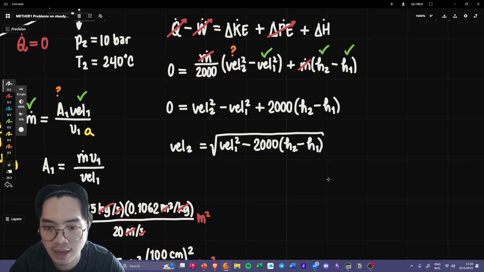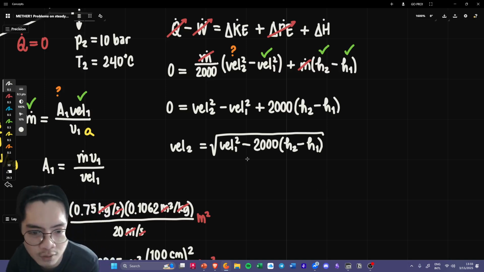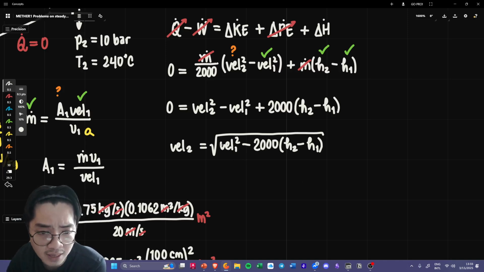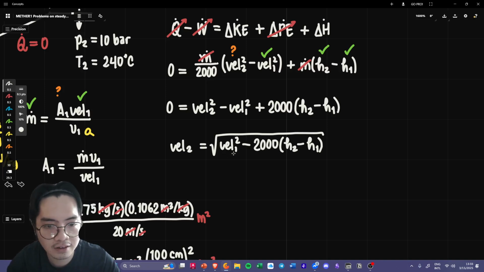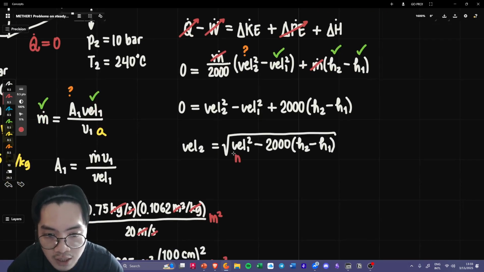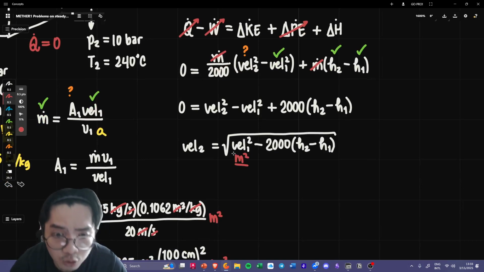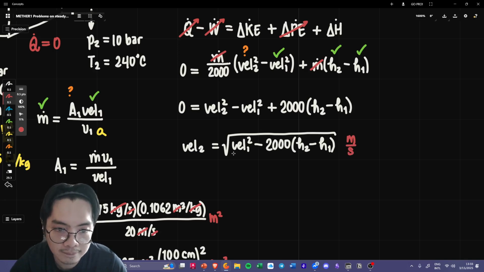And this should give you good reason to believe that vel2 has the same units as vel1. Supposing that everything in here has correct values, this is just m squared over s squared. So if you square root that, that should give you everything in meters per second, right?